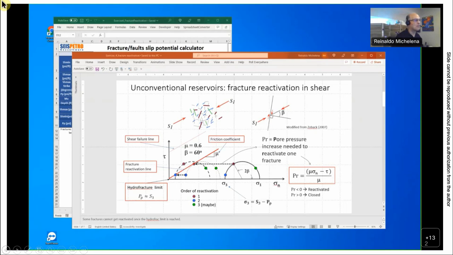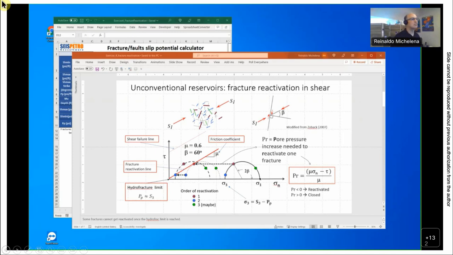This is the one that touches first. If you keep increasing the pore pressure, the next one will be this one. The other one is already open, but then you keep increasing the pore pressure, and this fracture will become reactivated. And eventually, this might become reactivated. Definitely, the more perpendicular it is, the harder it is to reactivate, or maybe it won't reactivate at all, as we showed yesterday with one of those examples from Zoback.